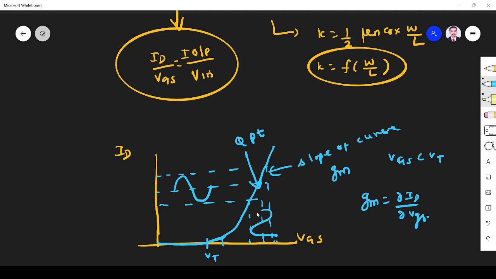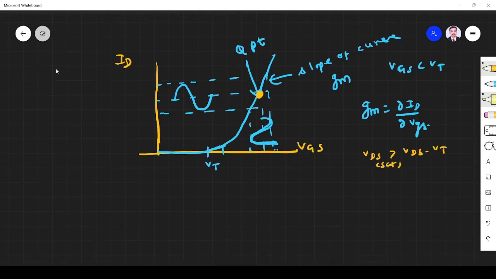When there is a change in VGS, there is a proportional change in ID. Under what condition? When the Q point is in the saturation region. Then only, when VGS is greater than VT, the transistor will be on. For saturation, VDS must be greater than VGS minus VT, that is VDS sat. Under this condition, there is linearity between the input voltage and output current, so the transistor works as an amplifier.